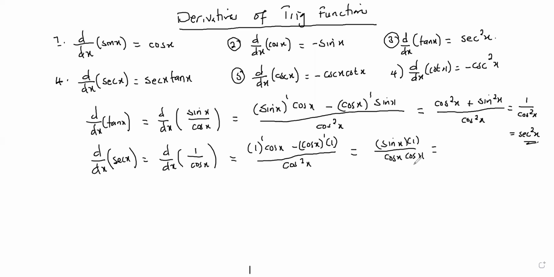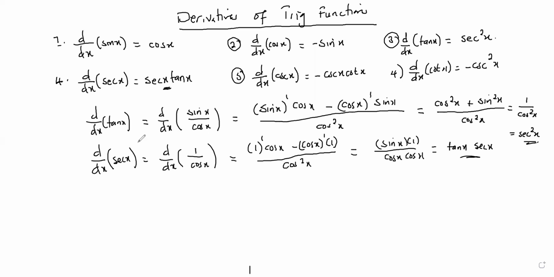So I'll have sine over cos, which is tan, and 1 over cos, which is sec. And so the product could be written in any order. It's the same thing. Okay, so that's how you would try to remember in case you find yourself forgetting these derivatives.